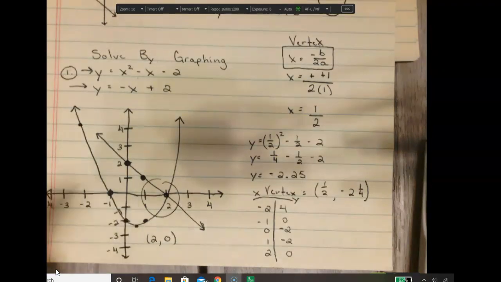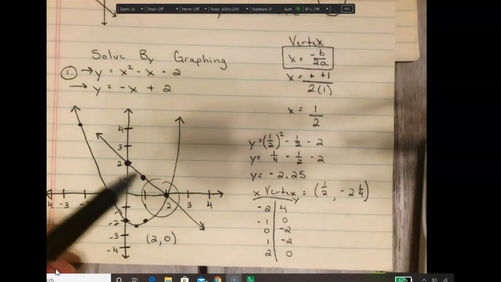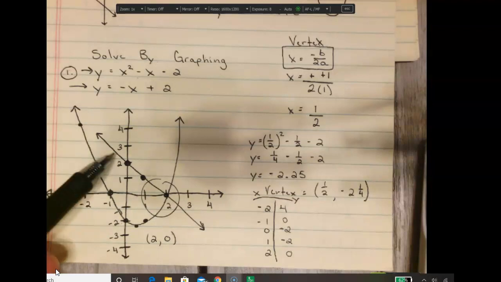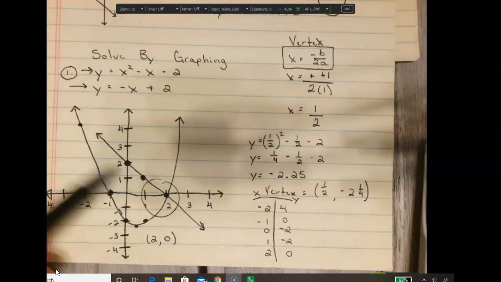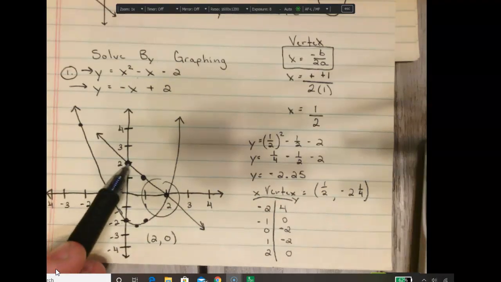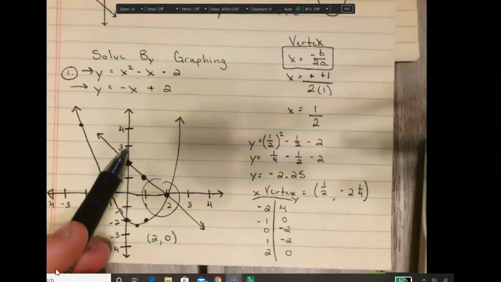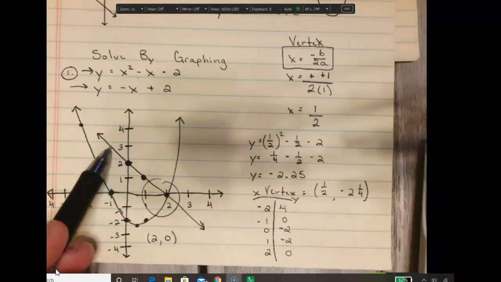I also can tell that if I were to continue with this linear equation, it's going to run into my parabola. So I'm going to continue, guys, this line out, and I'm going to find what that extra point is. Without using my calculator, this can be very simple. We're just going this time up 1 and to the left 1.